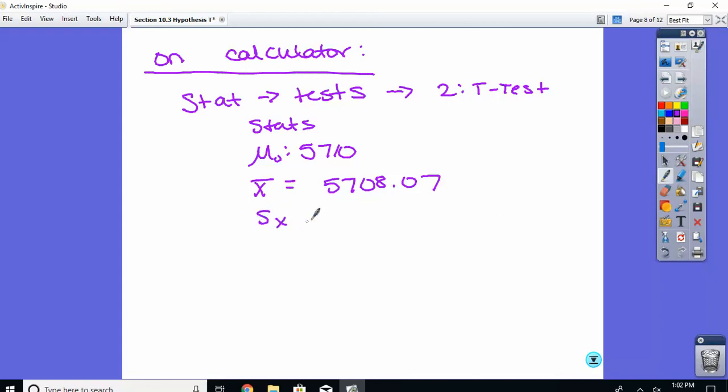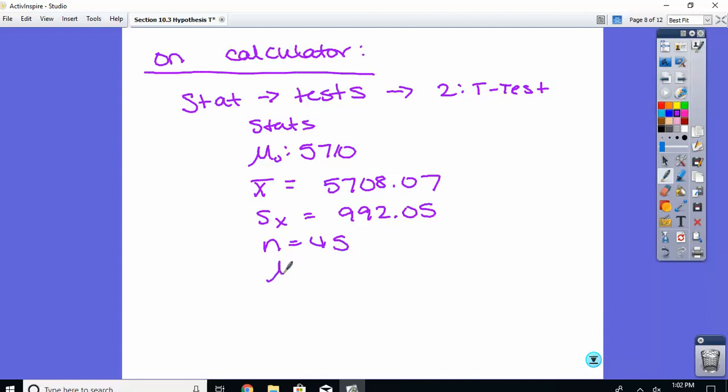Your S sub x standard deviation was 992.05. How do you know whether to do the standard deviation or the standard deviation over root n? Your calculator will go ahead and calculate the new one for you. So it's just asking for the standard deviation of x itself, not for x bar. Your n, how many people were we looking at here?